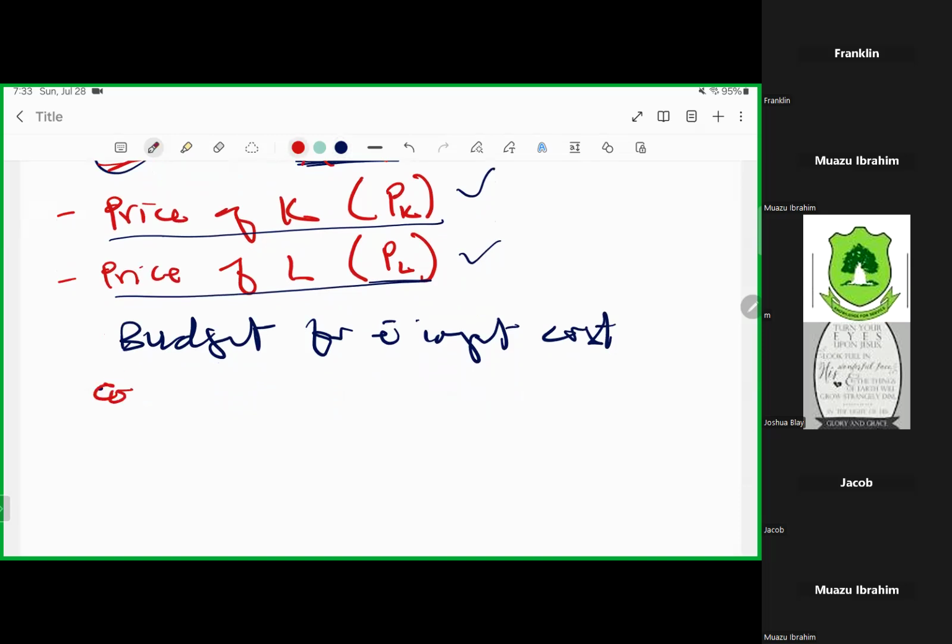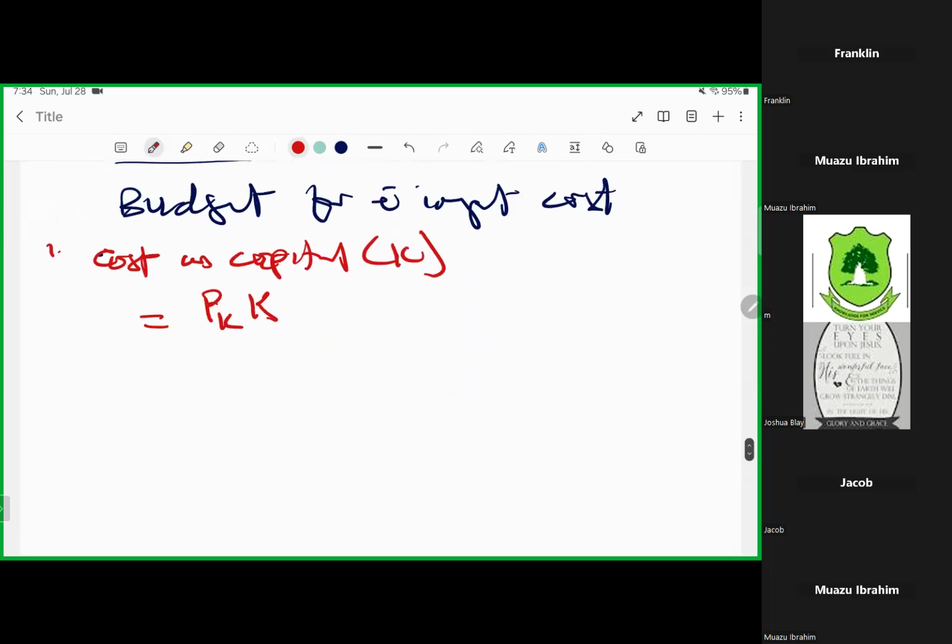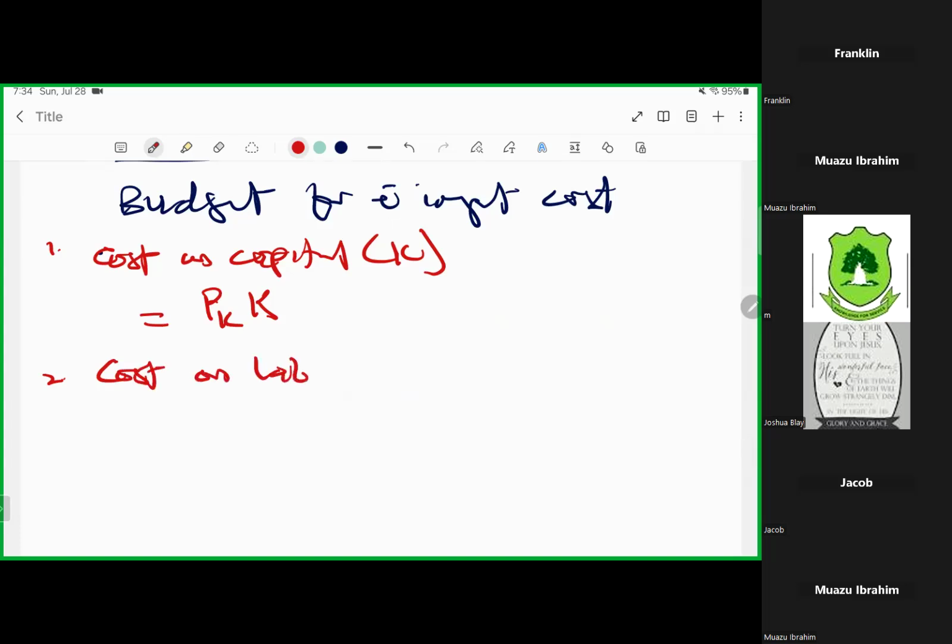The cost you will be spending on capital, K, will be the price of capital times the number of capital that you are employing. And the second one would be the cost that you are going to spend on labor.